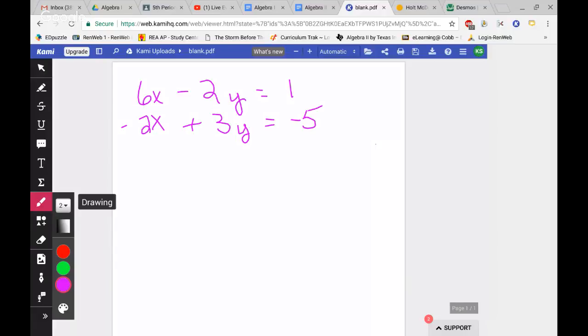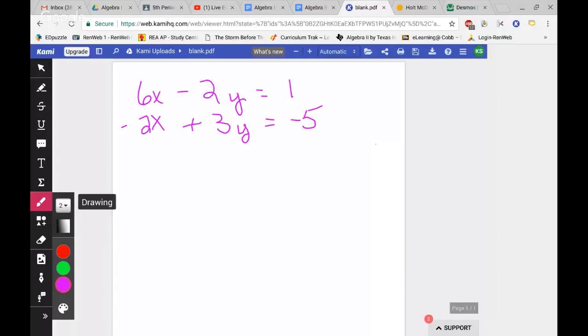When you look at these, neither one are complete opposites of each other. So what you want to do next is look at which one would be the easiest to multiply to get to be either the exact same, where you would subtract, or opposites, where you would add.